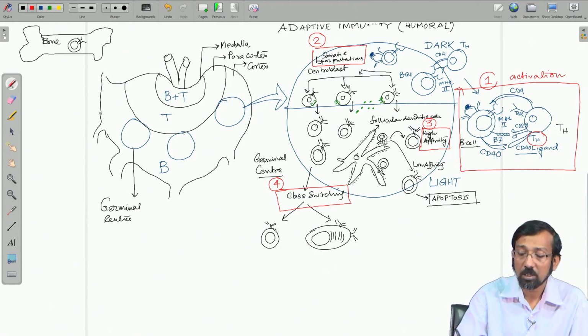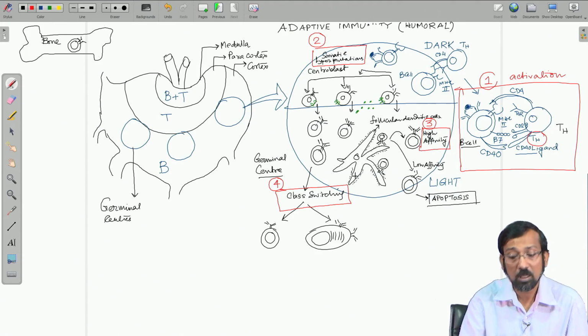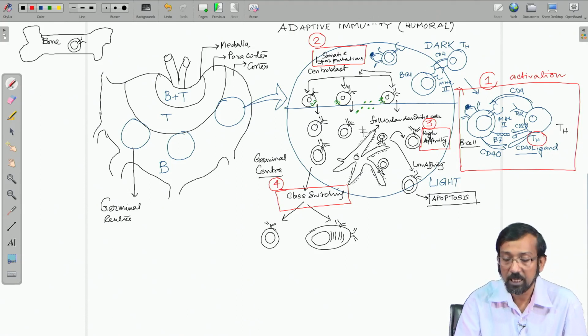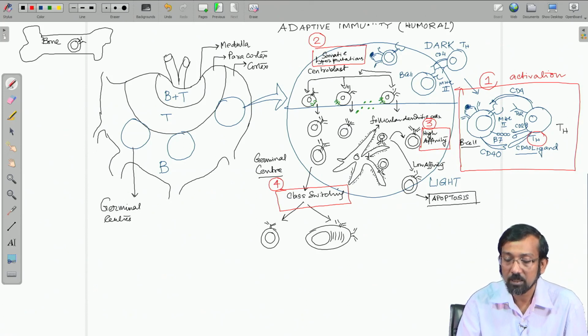Inside the light zone, you have these follicular dendritic cells waiting for the B cells, or the centrocytes, to come. So, now they are the centrocytes, and these centrocytes, which express the high affinity antibodies, are selected by the follicular dendritic cells.